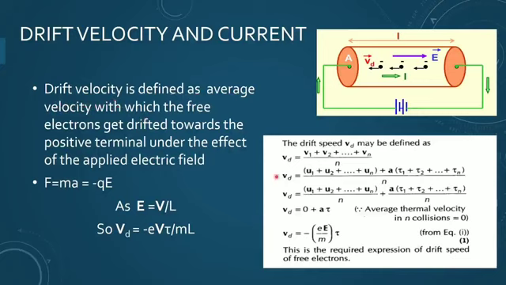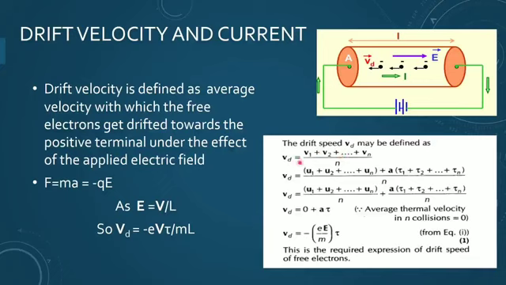It is denoted by Vd, and because it is a velocity, its units and dimensions are the same as velocity: meter per second, and the dimensional formula is M^0 L T^-1. There should not be any confusion regarding the units and dimensions of drift velocity. If I am speaking of magnitude in a particular direction, I can write it as drift speed.